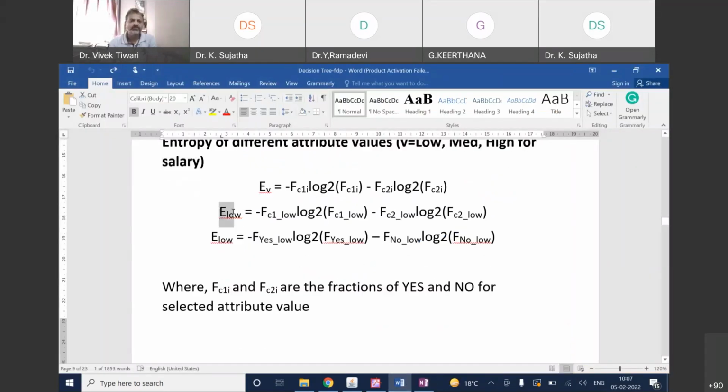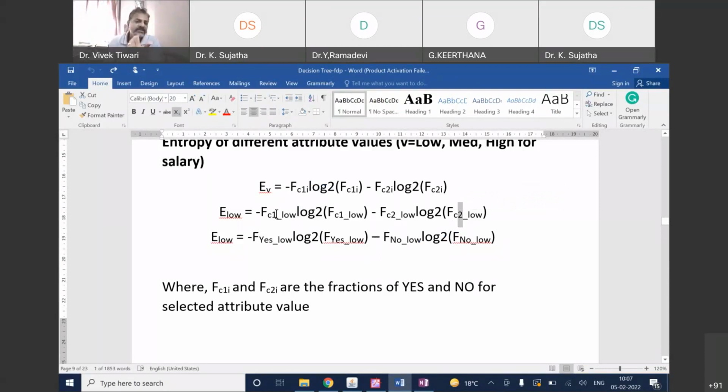So suppose I'm going to calculate the entropy of low. Since there are only two classes, try to remember, C1 and C2, means yes or no. The class variable always comes. You can't leave the class variable. What is the fraction of low under the C1 class?